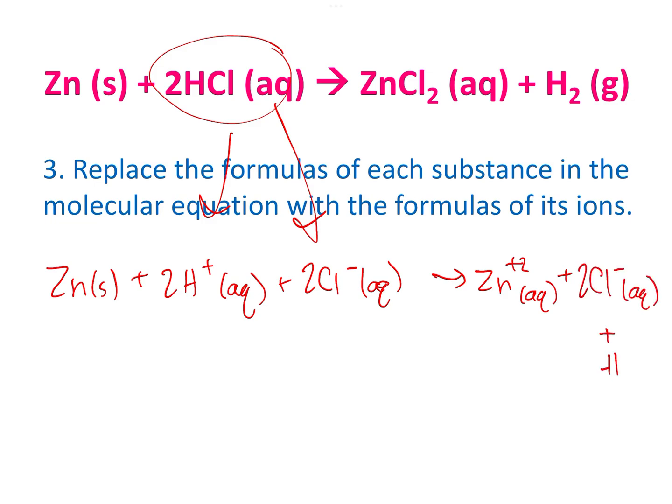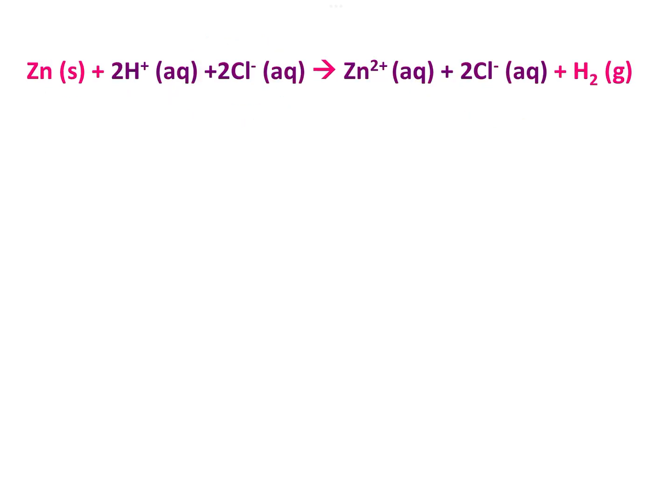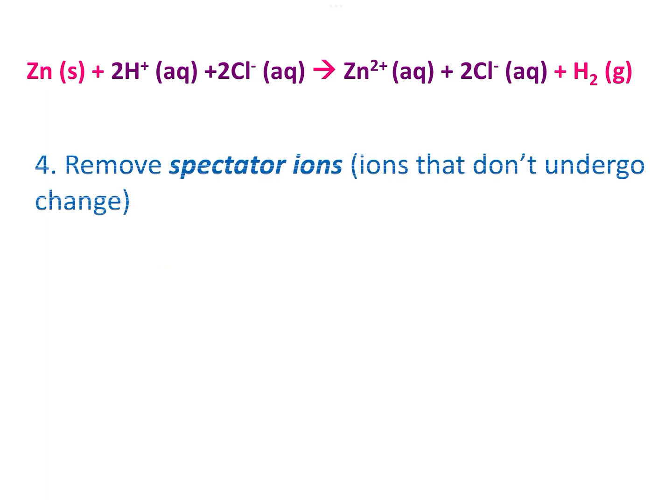And then we still had the H2 gas. Notice I just took this and broke it up into its ion component parts. Sorry it's messy. This says zinc solid plus 2H+ aqueous plus 2Cl- aqueous yields Zn2+ aqueous and 2Cl- aqueous and H2.